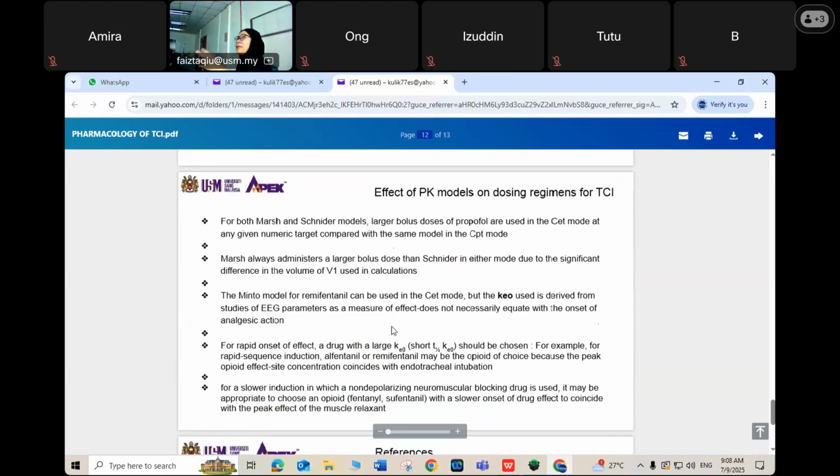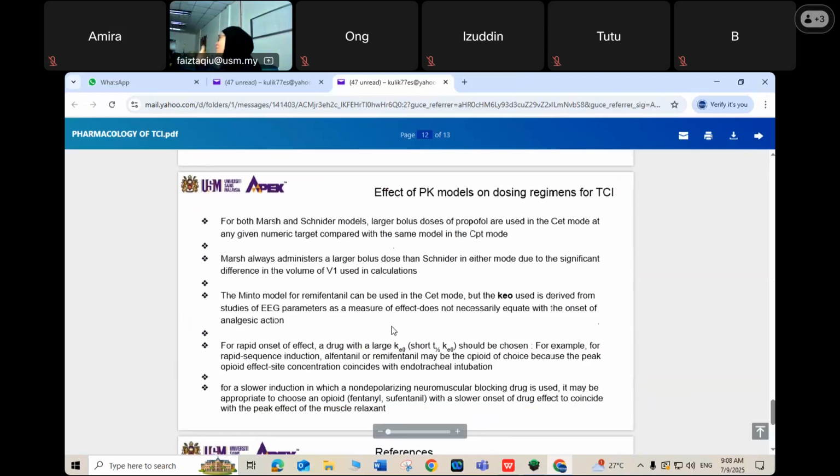Lepas tu pasal you bagi, pasal you sedatif je. Nampak tak? You can always offset your propofol by as much as 40% kalau you pakai remifentanil. Because the dose that we use is actually sedative dose lah. Yeah. Which requires larger dose compared to the analgesic dose. Kan? Okay.